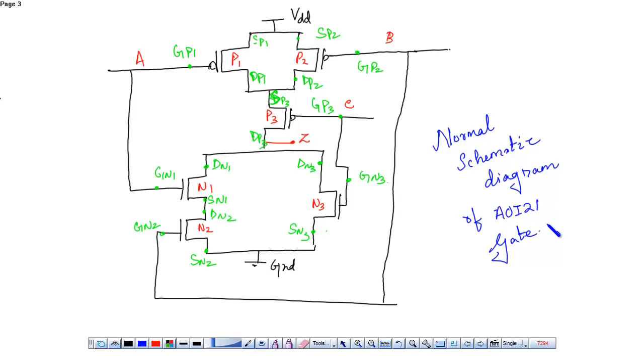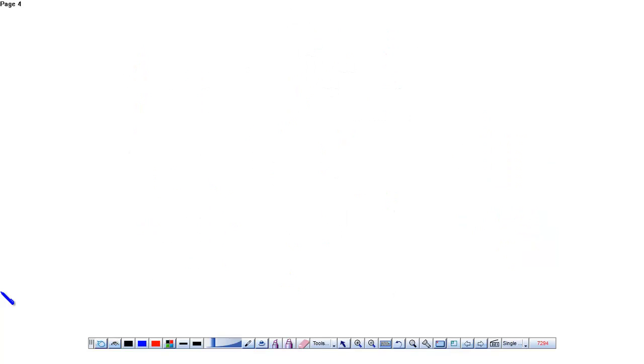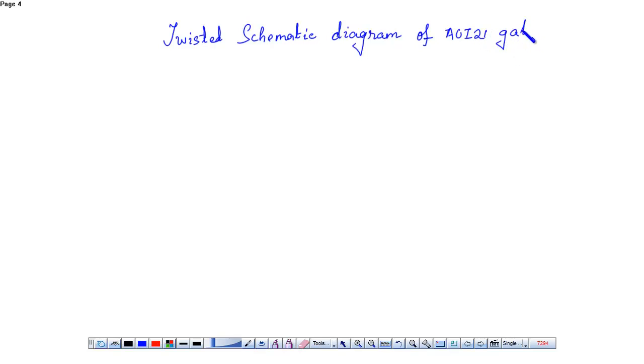Now if you want to represent this in the twisted form, then that is called the twisted schematic diagram of AOI 21 gate.